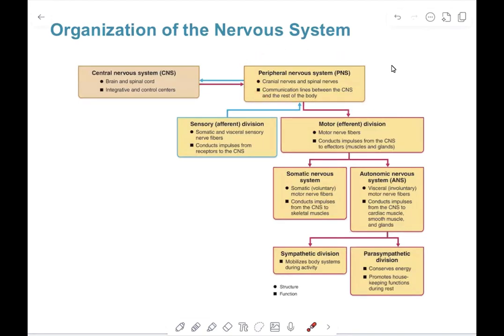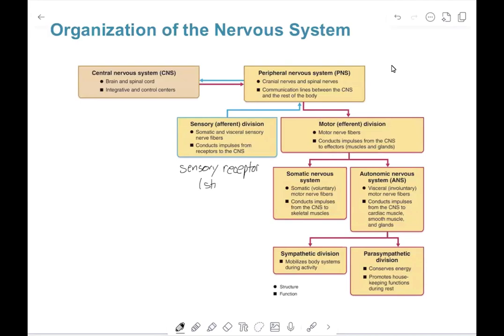And it includes the cranial nerves, which there are 12 of, and spinal nerves. And it's the communication lines between the CNS and the rest of the body. The part that begins at the sensory receptor is going to sense the stimulus.